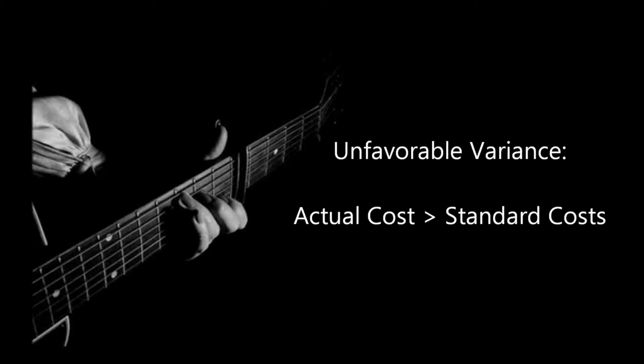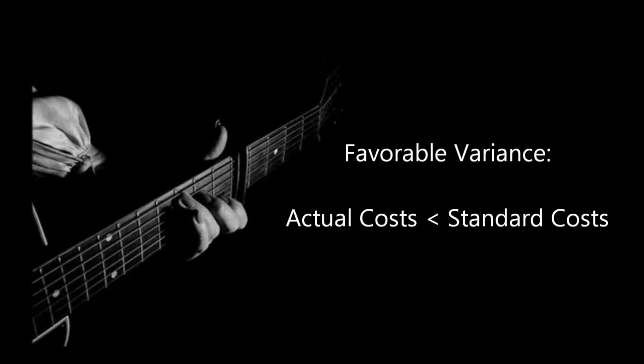An unfavorable variance tells management that if everything else stays constant, the company's actual profit will be less than planned. And on the other hand, if actual costs are less than standard cost, the variance is favorable. A favorable variance tells management that if everything else stays constant, the actual profit will likely exceed the planned profit.